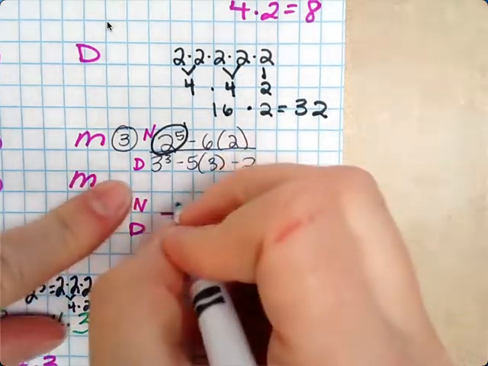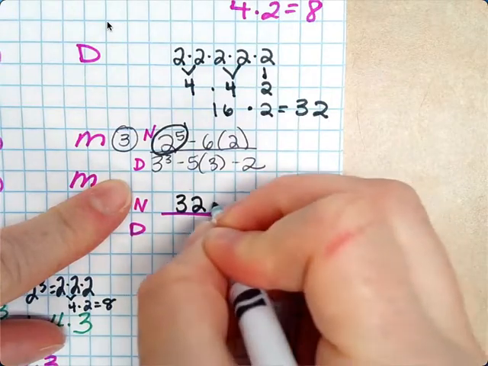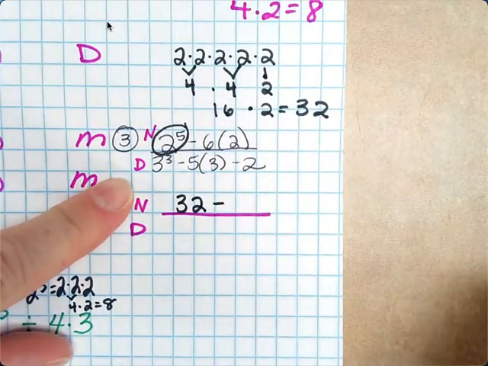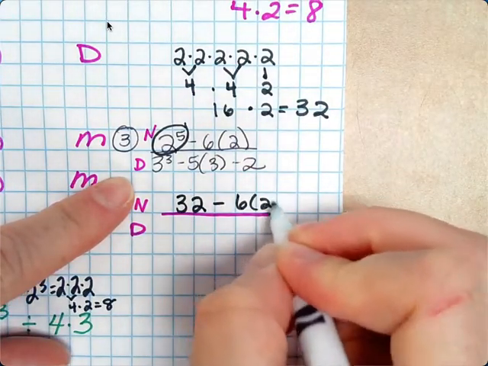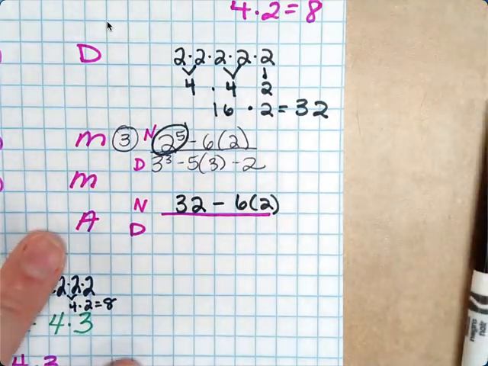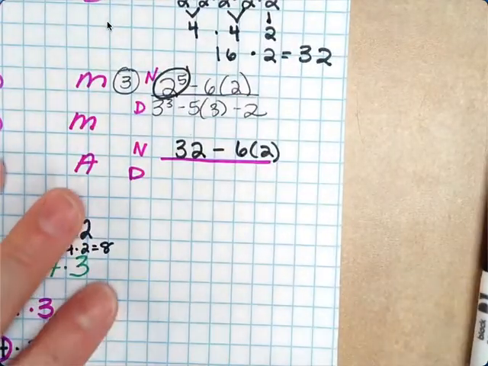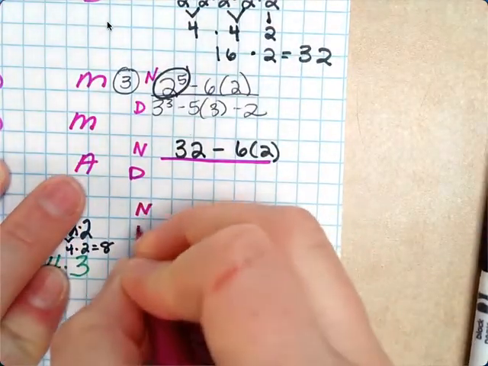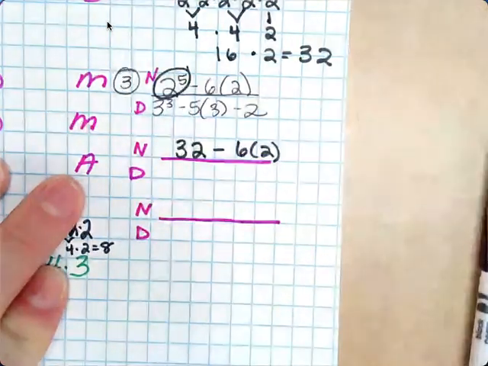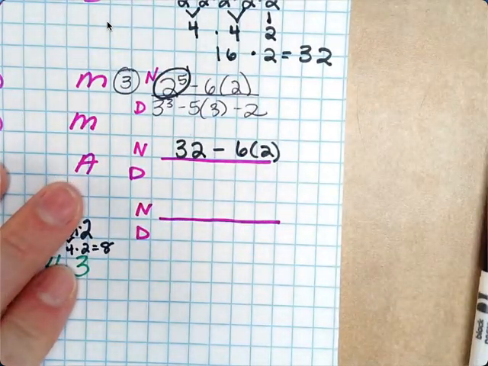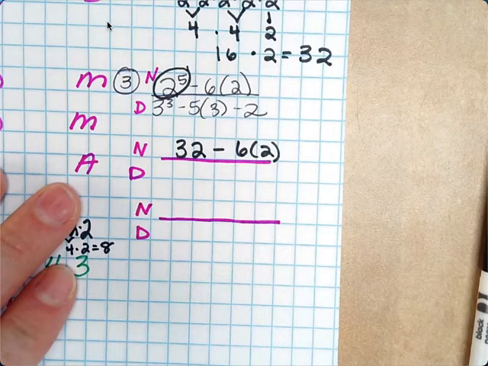So this would be 32 minus 6 times 2. Right, now we do multiplication. So I'm going to do the numerator denominator again so I can leave a space for my denominator to be worked out afterwards. So 6 times 2.